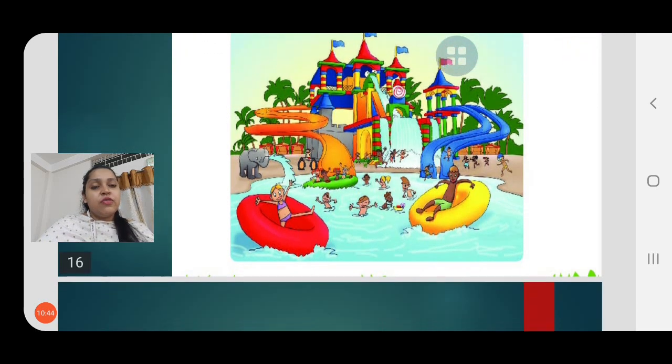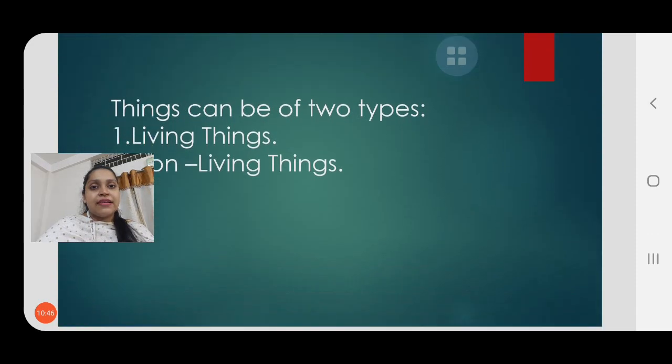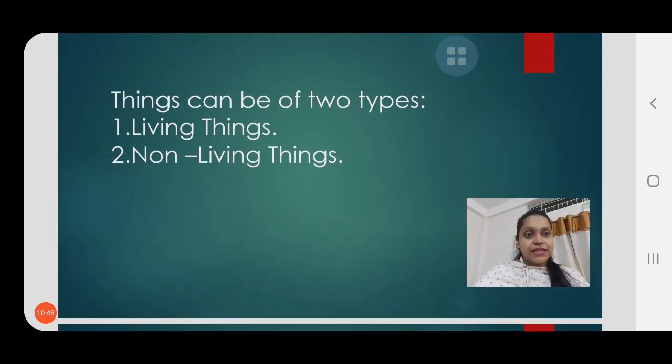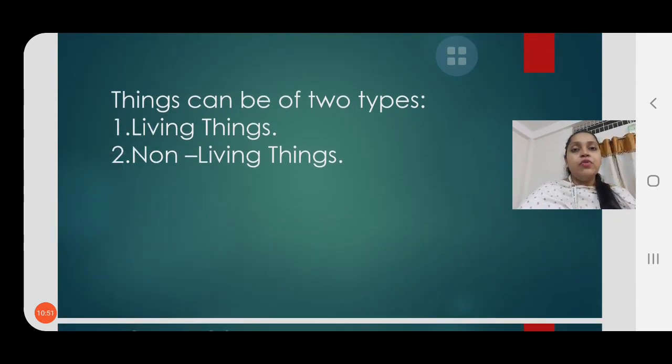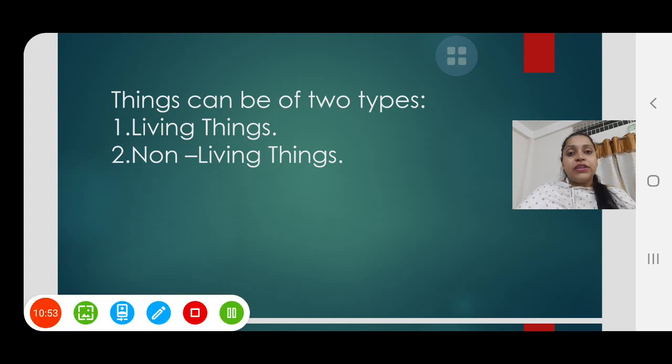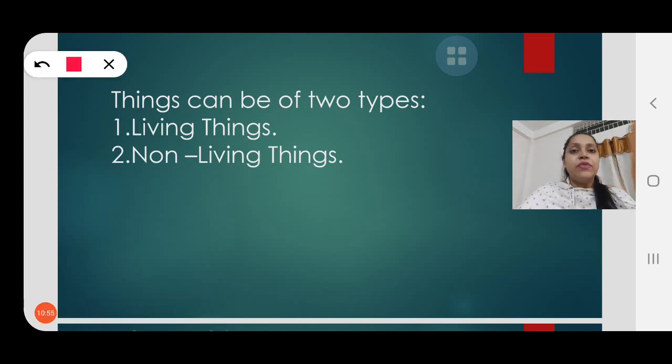Okay, children, so now let's go to the next topic. What will we study in this topic? Children will study about the things. Okay, and we'll study two very important things, which is things can be of two types, living things and non-living things.